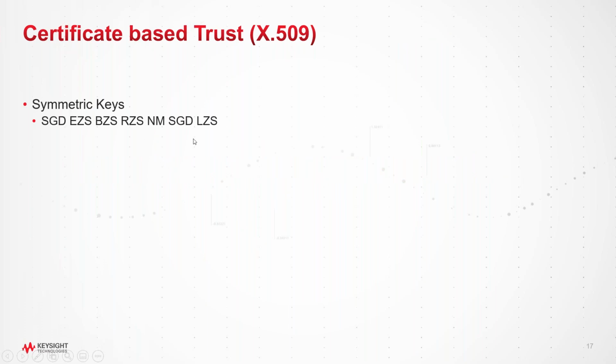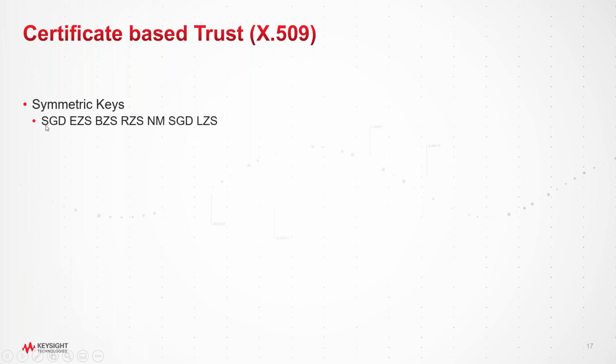What we want to do to understand how these certificates work is I first want to talk about symmetric keys versus asymmetric keys. So let's just quickly dive a little bit into symmetric keys. If you have a symmetric key, this is encrypted with a very simple shift cipher.